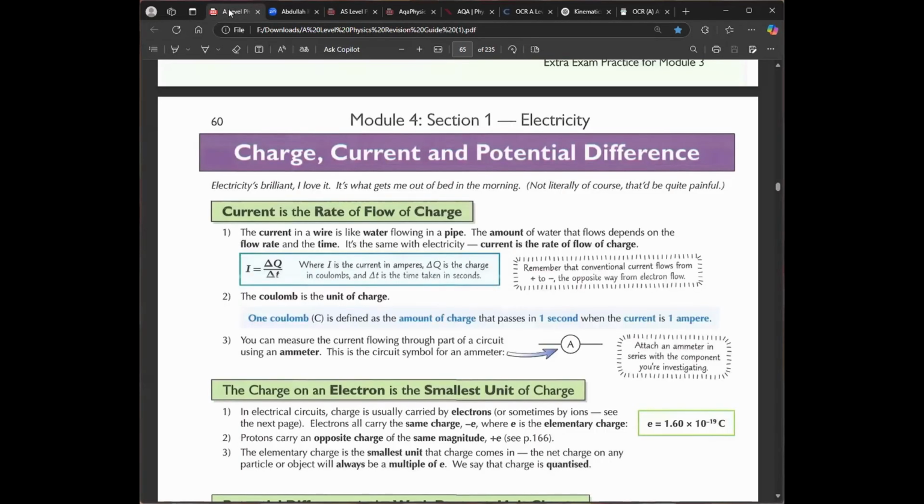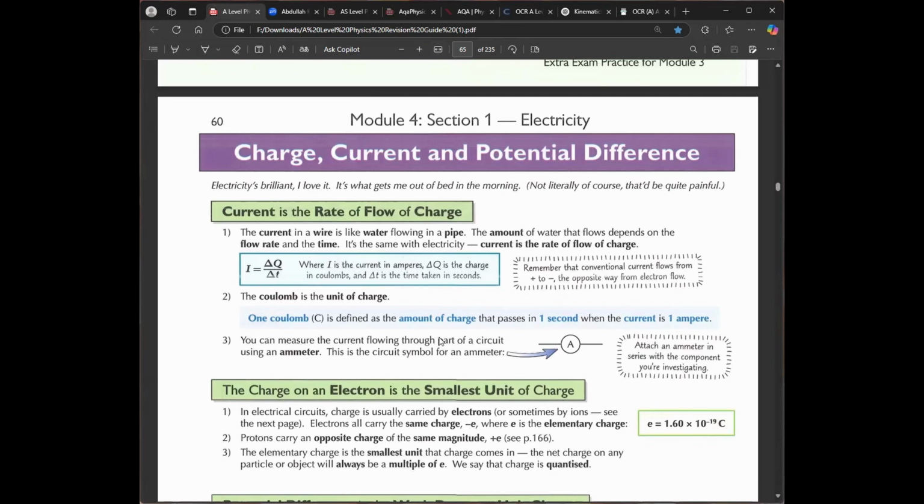And just to give a definition of unit charge, they've written 1 coulomb because that's the unit for charge. So 1 coulomb is defined as the amount of charge that passes in 1 second when the current is 1 ampere. So obviously, when you put everything equal to one, you'll get the definition. So that's fine.